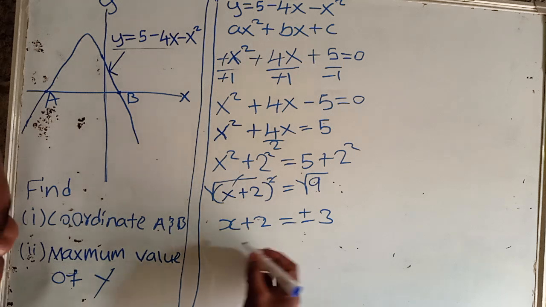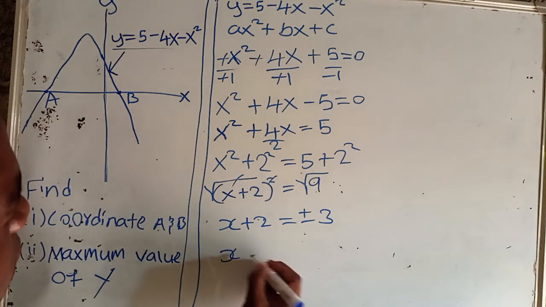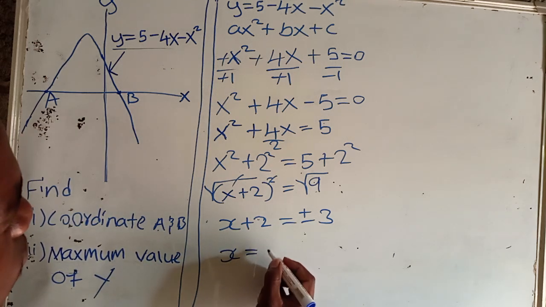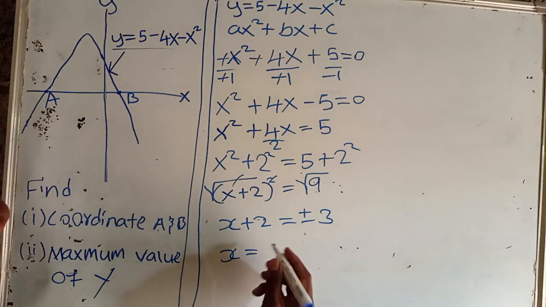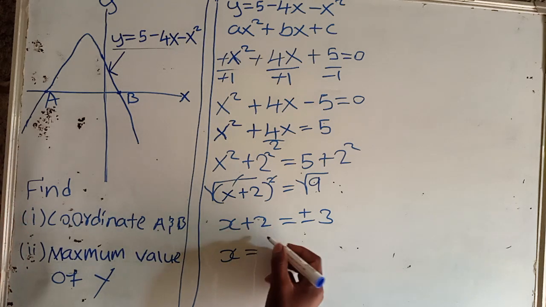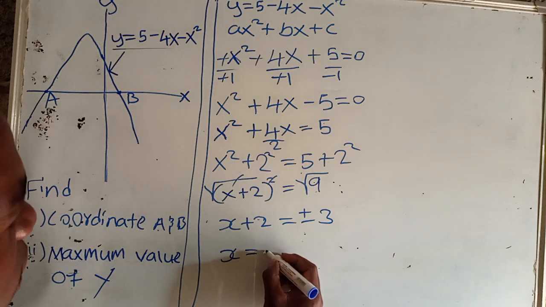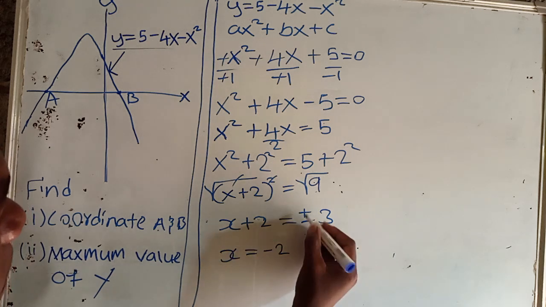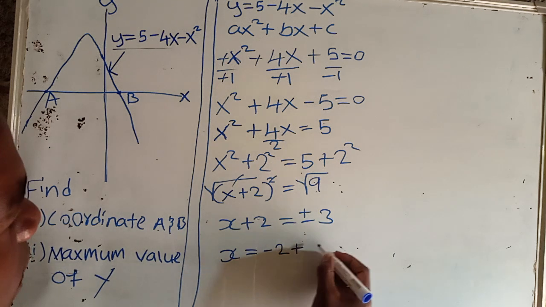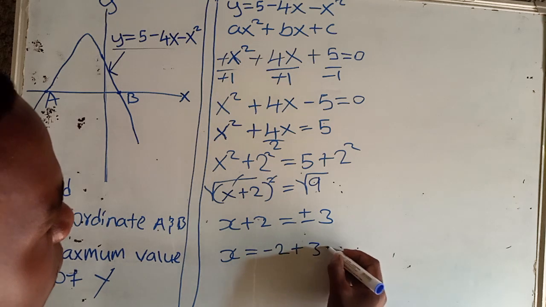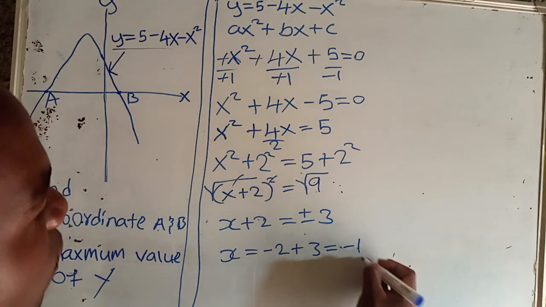So here we are going to have x is equal to, if we make x the subject of the formula, these two will jump the equal sign, it will be negative 2 plus 3. The answer that we're going to get is negative 1.